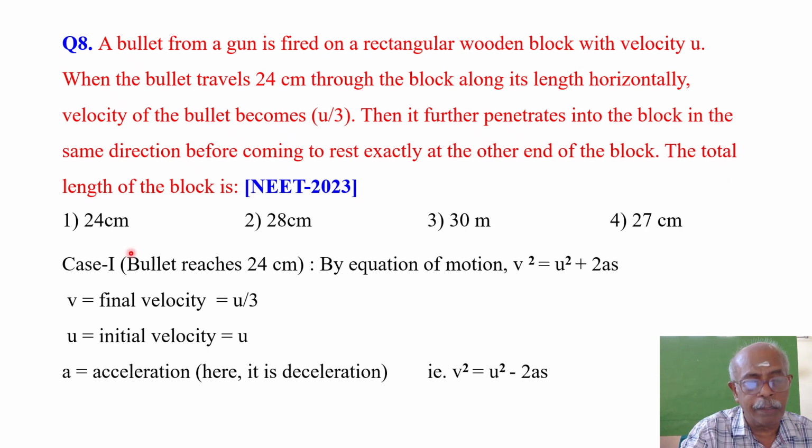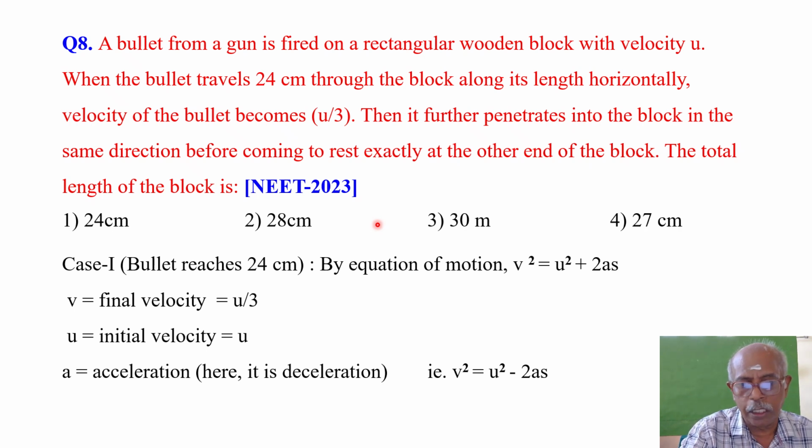The total length of the block is how much? 24 centimeter, 28 centimeter, 30 centimeter and 27 centimeter. These are the four options given to you. This question has been asked in the NEET examination in the year 2023.